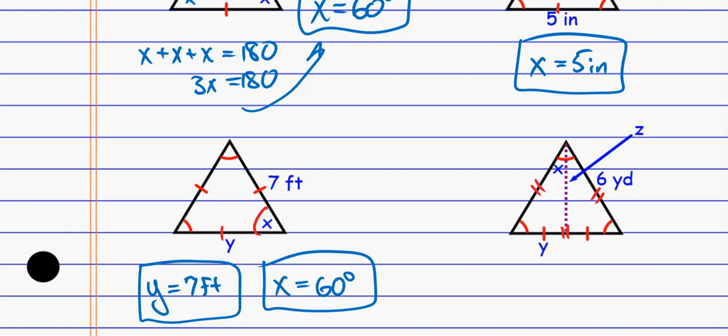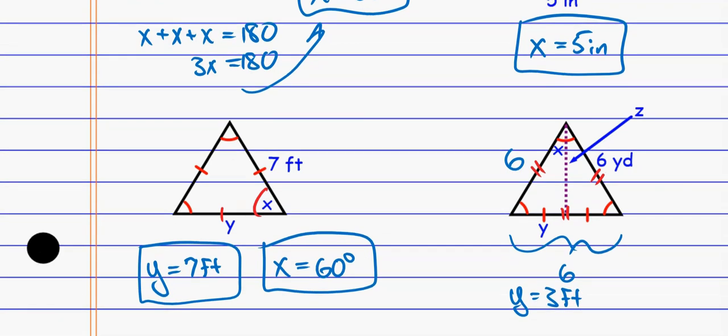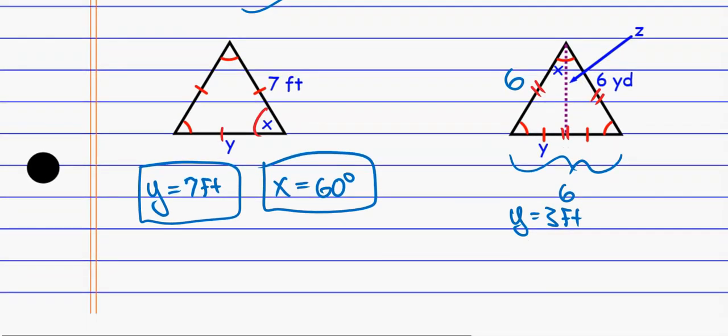So again, as I kind of work my way around this thing, this is 6. This whole thing down here is also 6. But just like with the isosceles triangle, if I break that thing in half, that means y is 3 feet. Okay? Because again, an equilateral triangle is still an isosceles triangle. It's just kind of a special isosceles triangle.